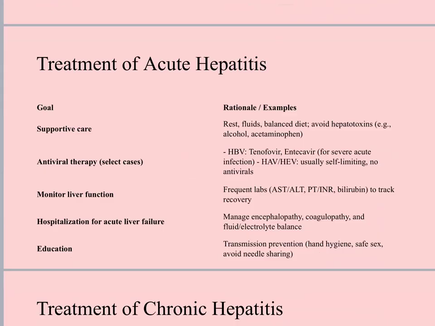When it comes to acute liver failure, where somebody is very confused and very jaundiced and all of these labs are out of whack, we have to manage the encephalopathy, the coagulopathy, and the fluid and electrolyte balance. That looks like giving something called lactulose, which is this lovely, delicious syrup drink.